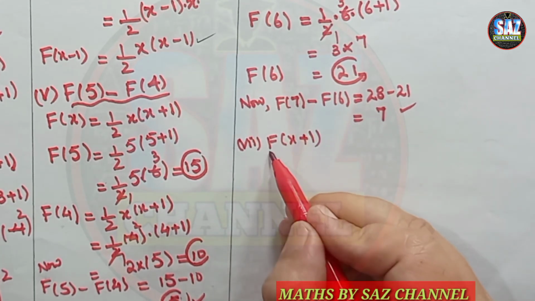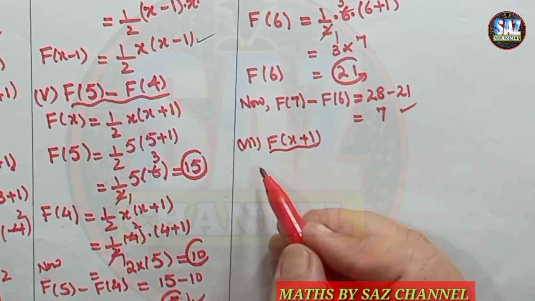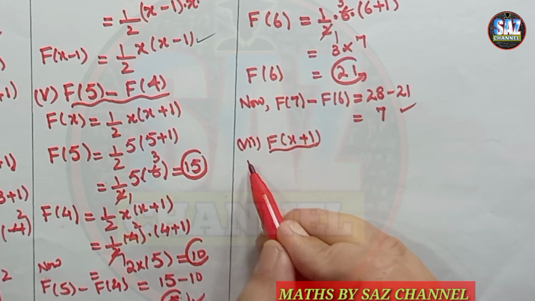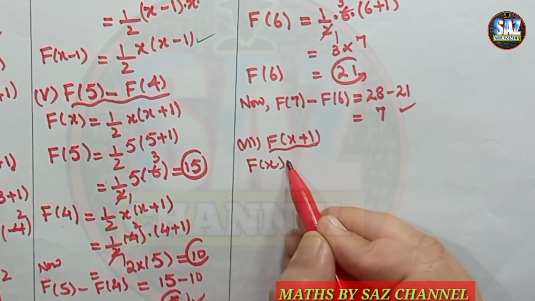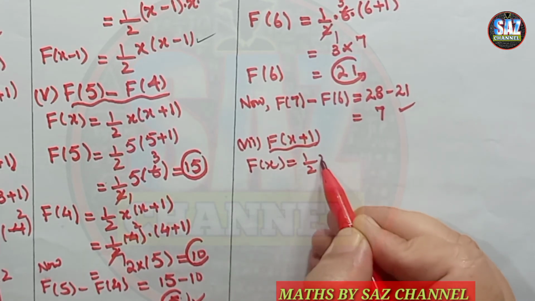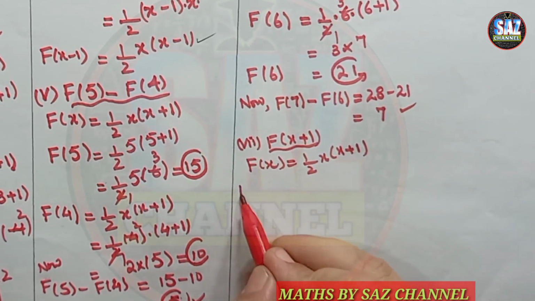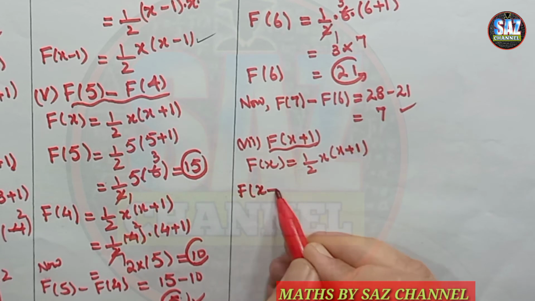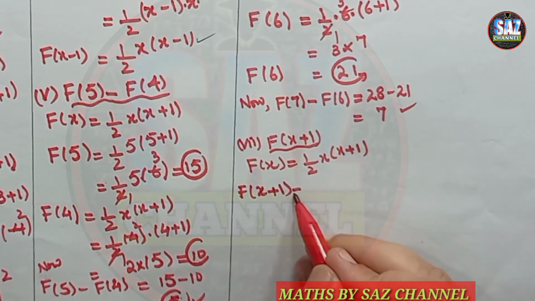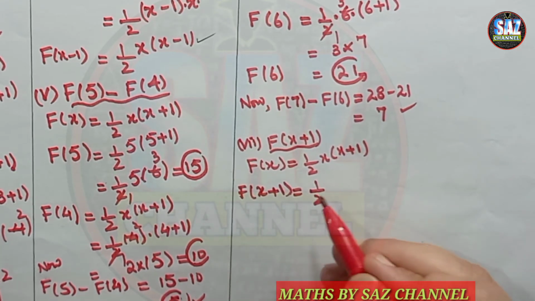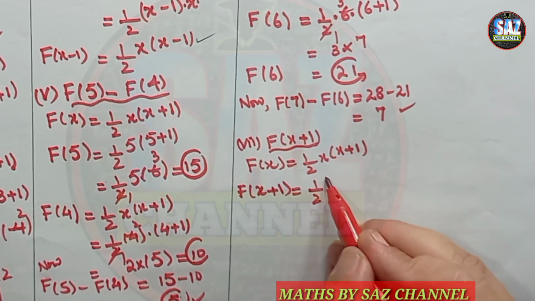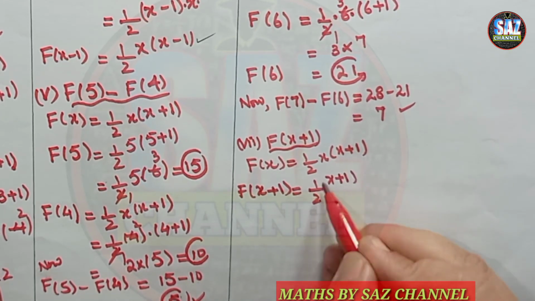f of x plus 1. Really easy question. What we have to do, we have to take the function f of x equals half x into x plus 1. Instead of the variable, replace x by x plus 1, and it will take the form half into x plus 1.